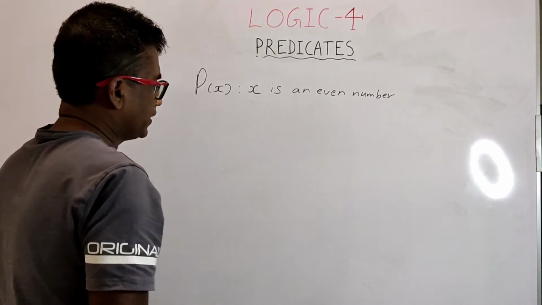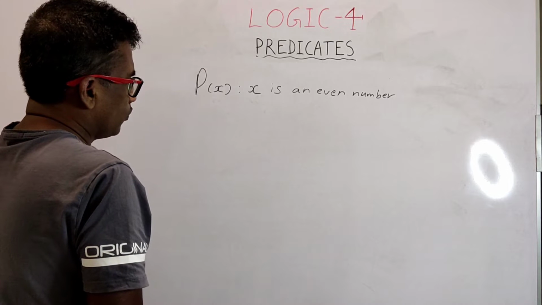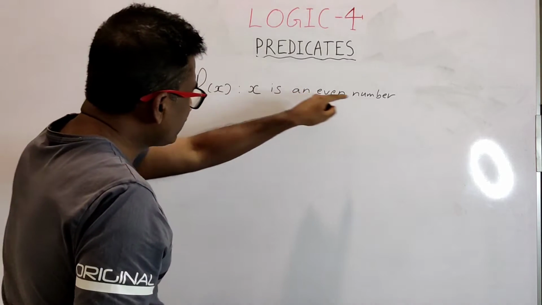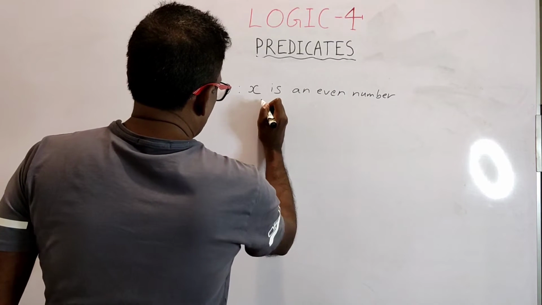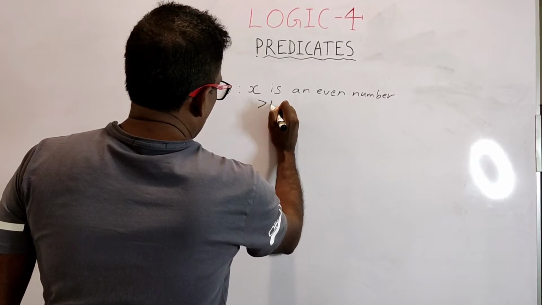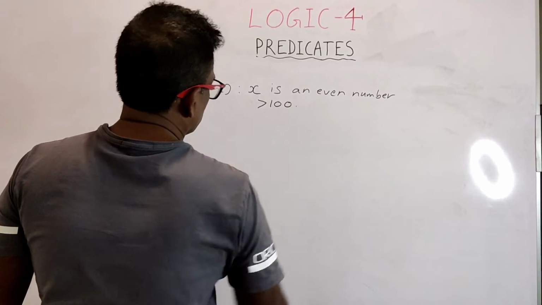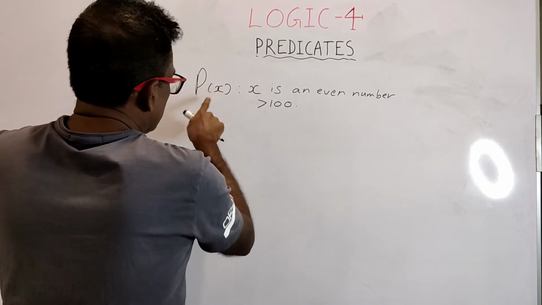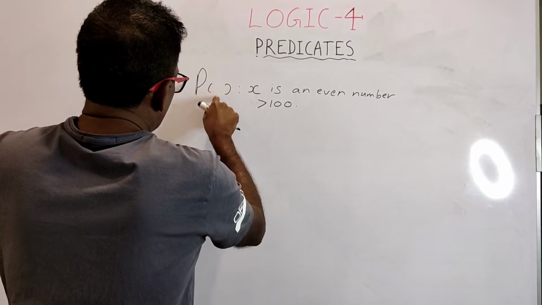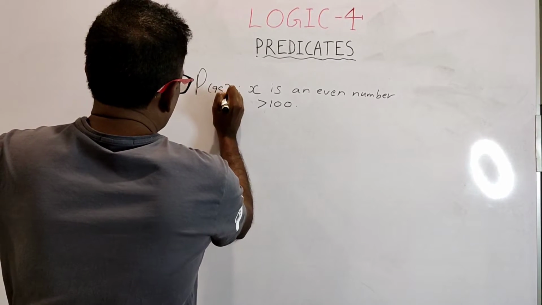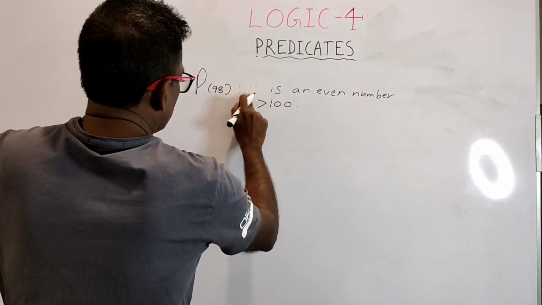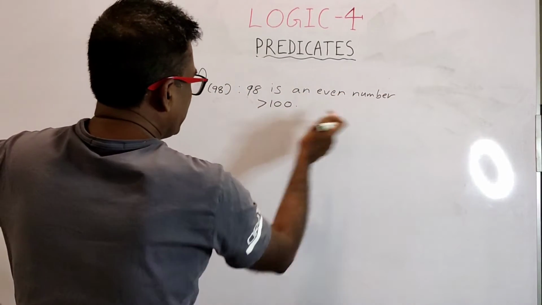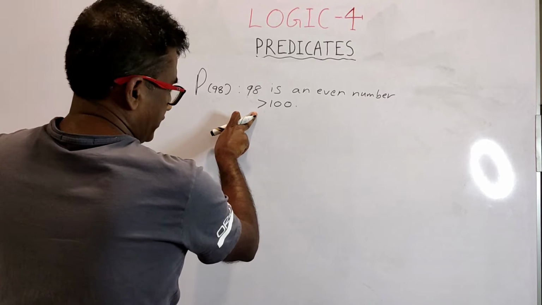Okay, so here the entire set or the entire collection of even numbers is the truth set of this predicate. Now what if we say the predicate is x is an even number that is greater than 100. Now, is 98 going to be in the truth set of this predicate? No. Why? Though 98 is an even number, it is less than 100.